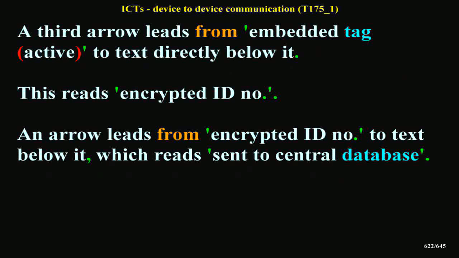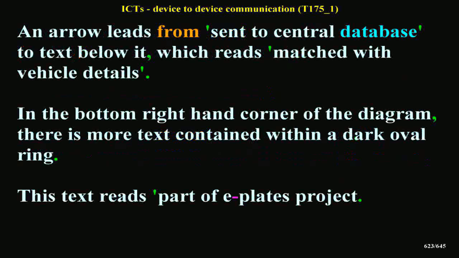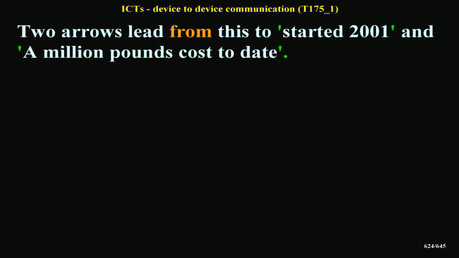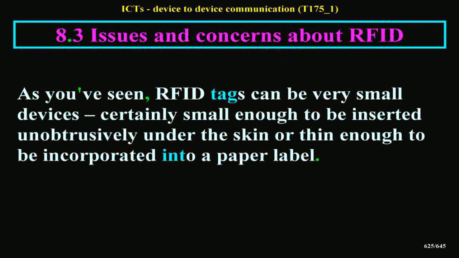A third arrow leads from embedded tag, active, to text directly below it. This reads encrypted ID number. An arrow leads from encrypted ID number to text below it, which reads sent to central database. An arrow leads from sent to central database to text below it, which reads matched with vehicle details. In the bottom right-hand corner of the diagram, there is more text contained within a dark oval ring. This text reads part of ePlates project. Two arrows lead from this to start of 2001 and £1 million cost to date.